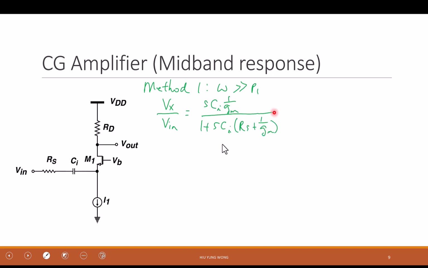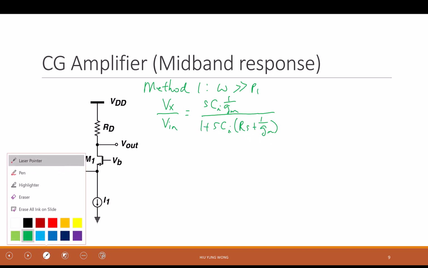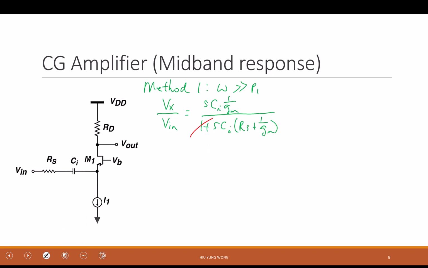The pole is negative 1 over CI times Rs plus 1 over Gm, right? So when the frequency is really large, then the 1 can be ignored, right? When your frequency is much larger than P1. Is this okay?